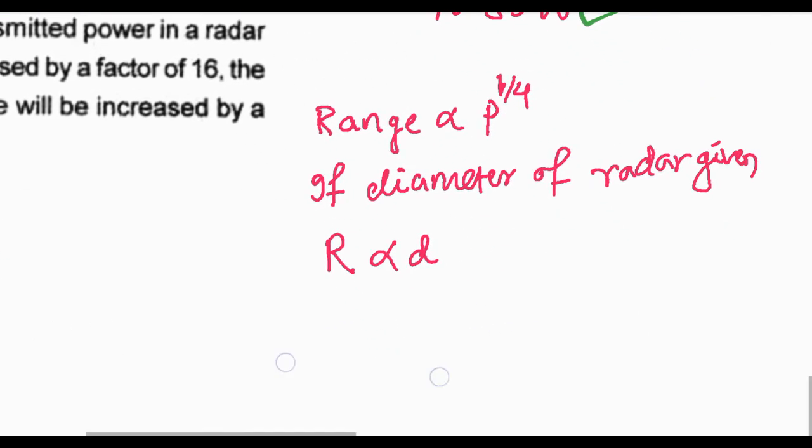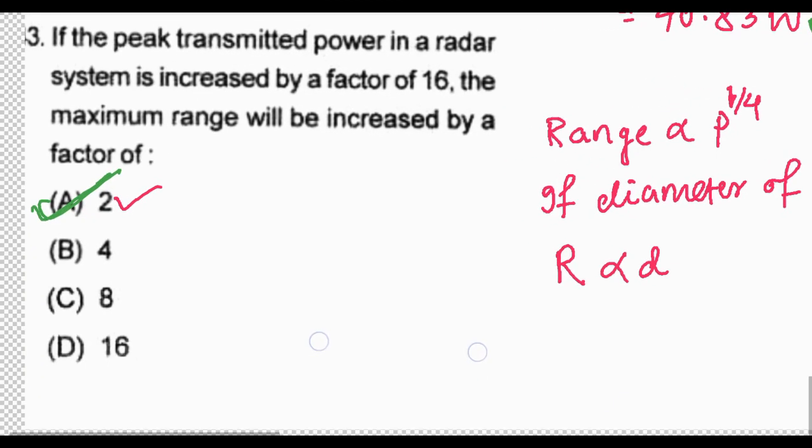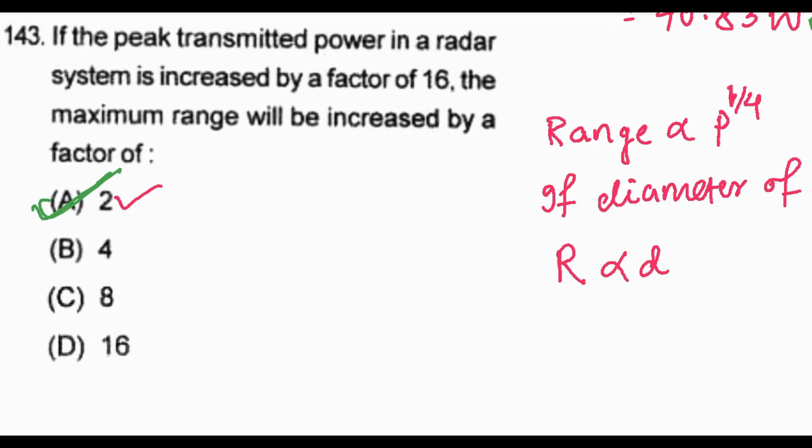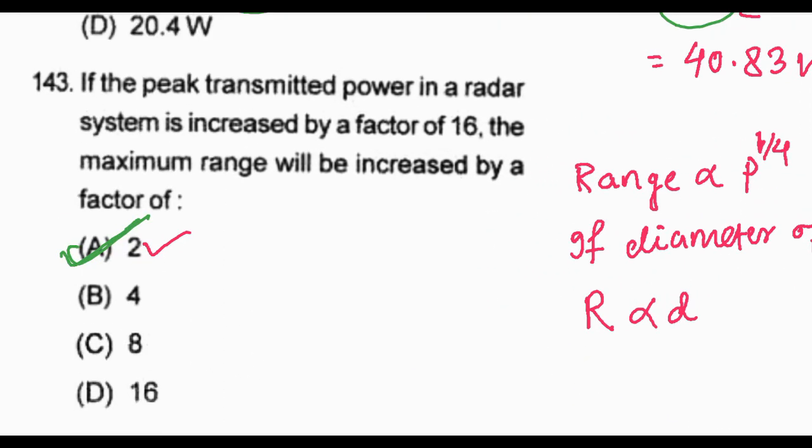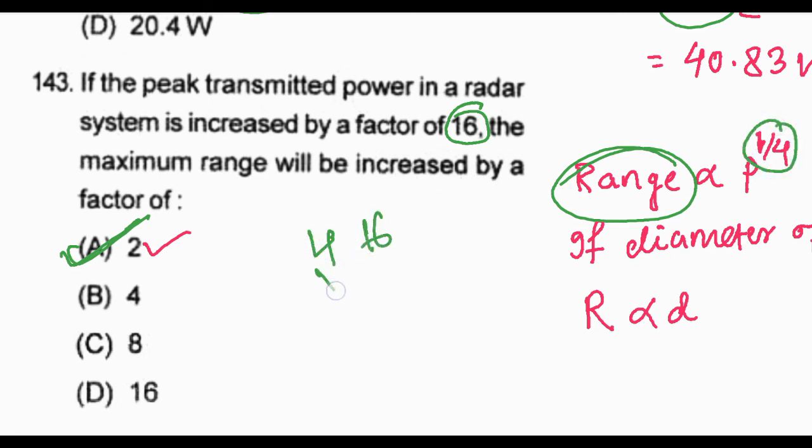Range is directly proportional to P to the power 1 by 4. That means 16 and its fourth root is 2. So range will be increased by a factor of 2.